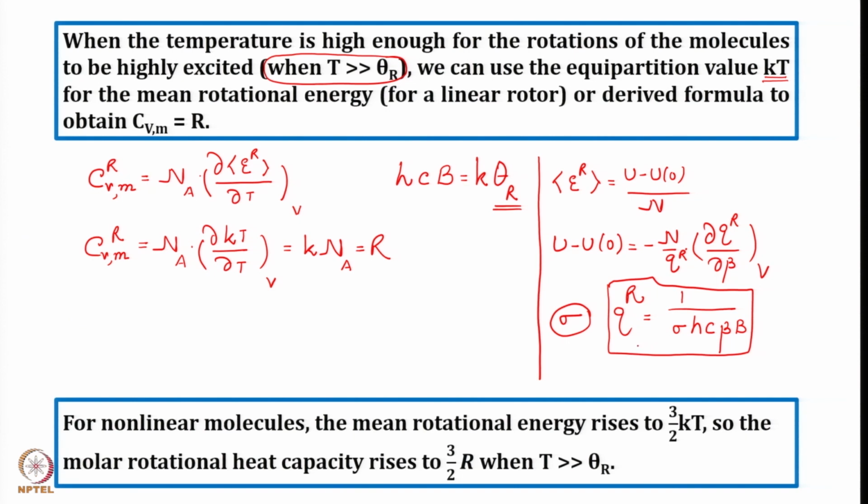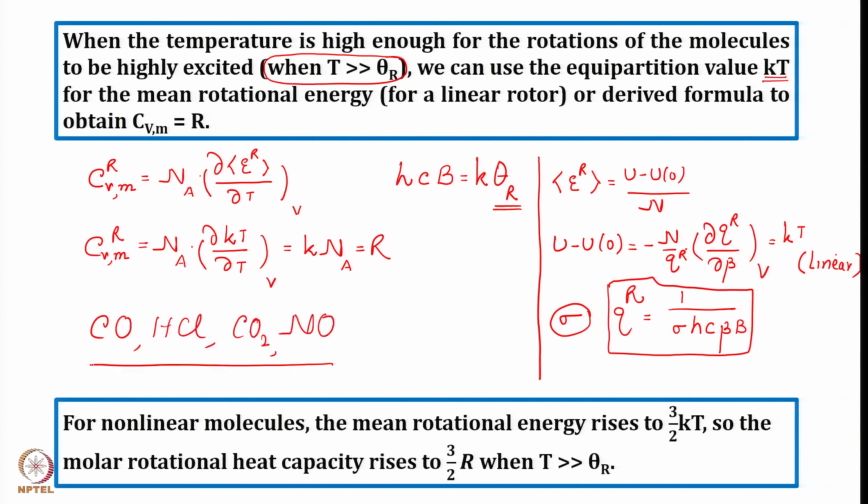Once you substitute this QR into this expression, you are going to get kT for a linear molecule. So, therefore, for a linear rotor, some examples as I just said, CO, HCl, carbon dioxide, nitrogen oxide, these kinds of systems, the CVM rotational will be equal to R, provided the temperature is much higher than the rotational temperature.